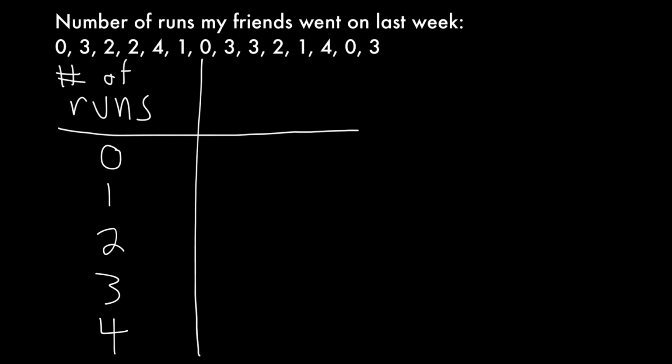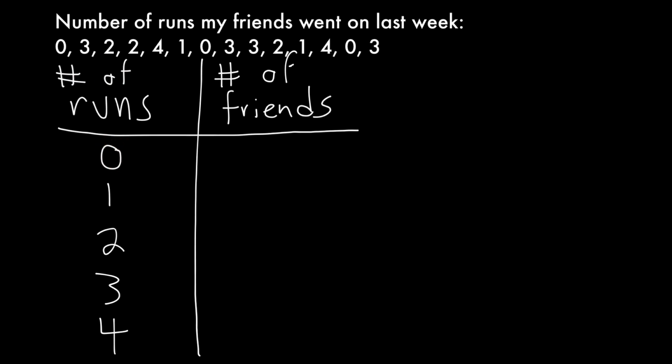And we are comparing the number of runs to how many friends ran that many times. So over here we'll have the number of friends. Then if I go back and look at my data up here, these numbers are the number of runs.